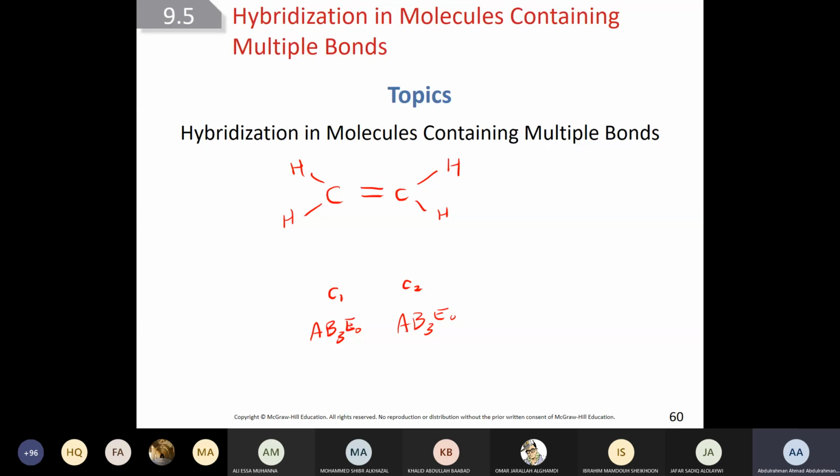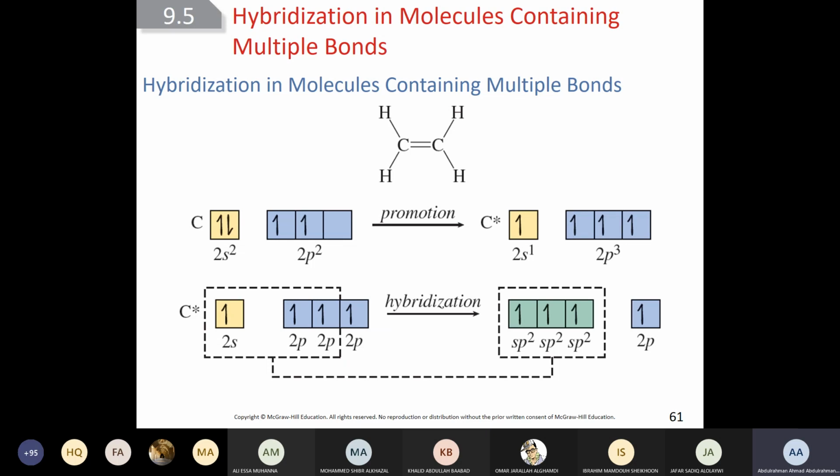So what hybridization are we going to have for the carbon? sp2. How about carbon 2? The same, sp2. Exactly. So we're going to mix one s with two p's, so this one is sp2, this one is sp2, and we're going to have one p orbital extra.